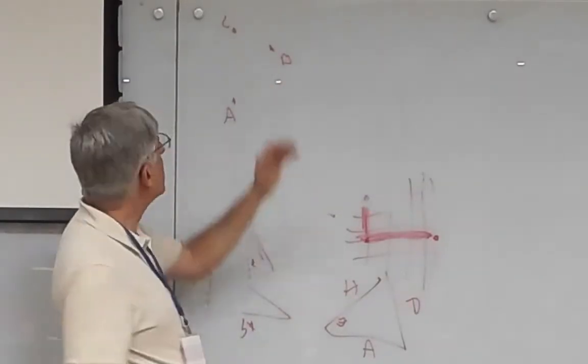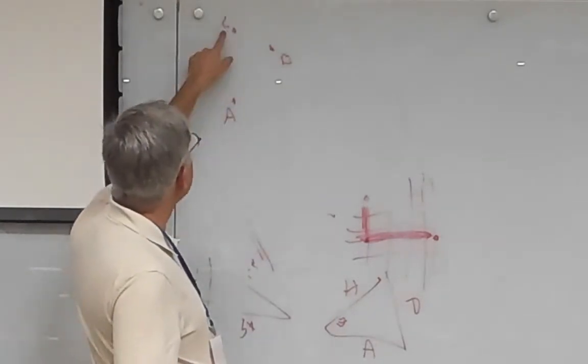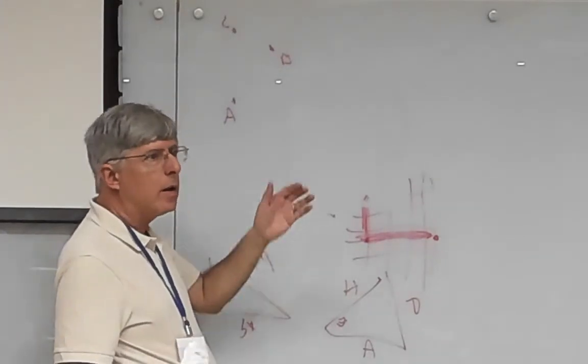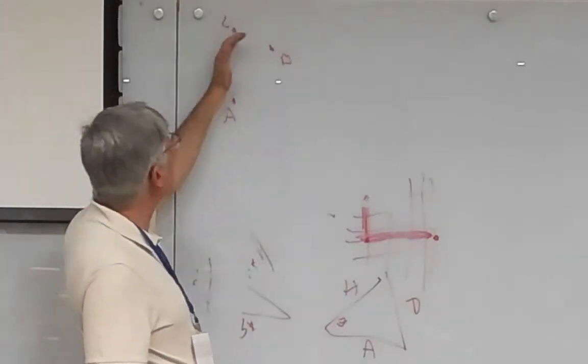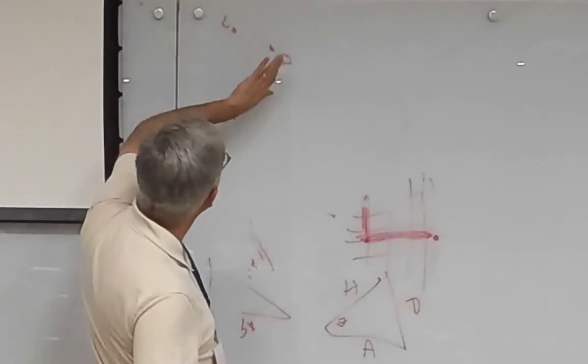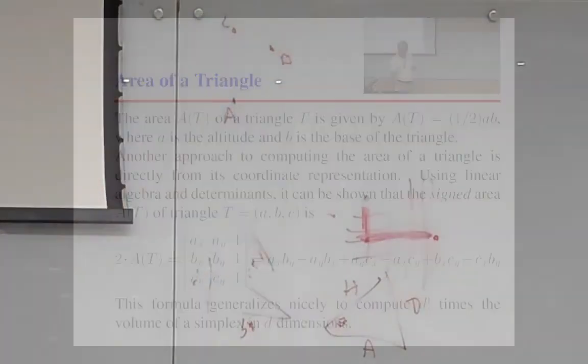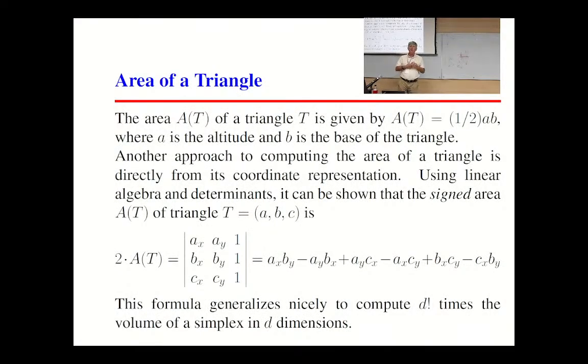So if there's a difference between ACB and ABC, the sign tells us whether or not the points are going around clockwise or counterclockwise. It also gives you a way to compute the signed area of things in higher dimensions.